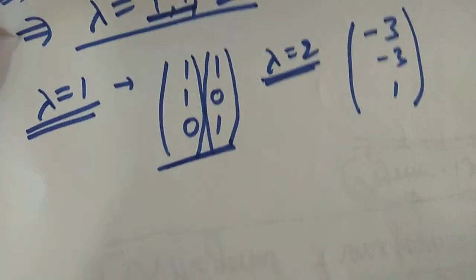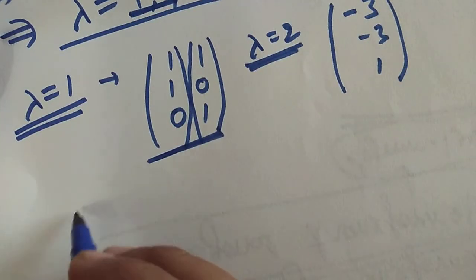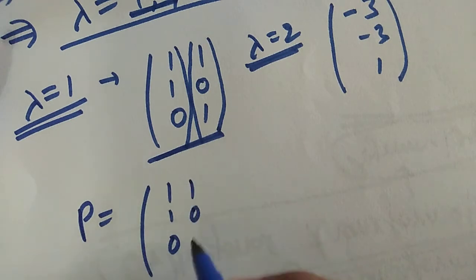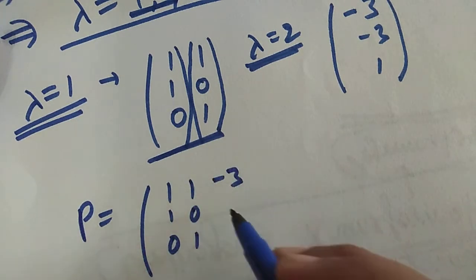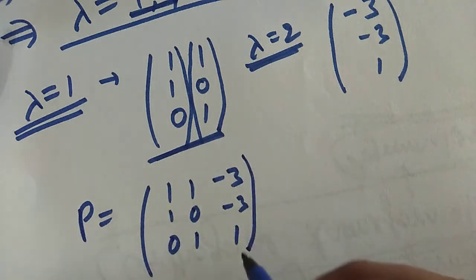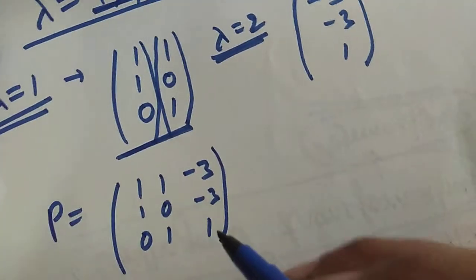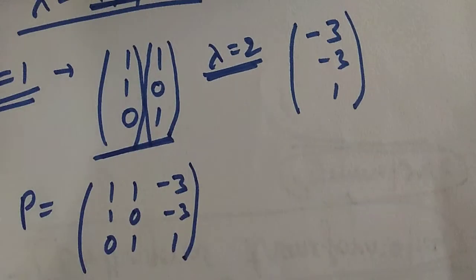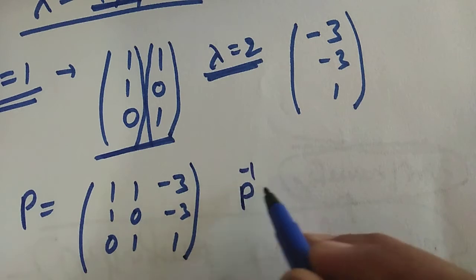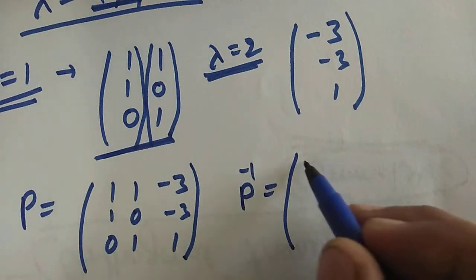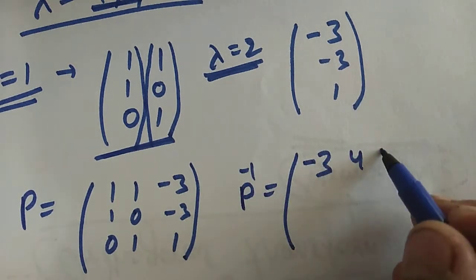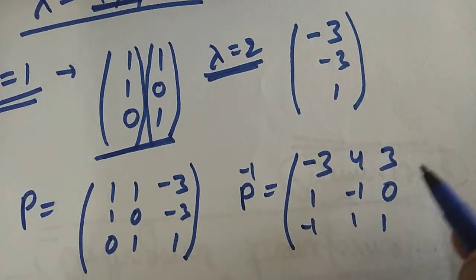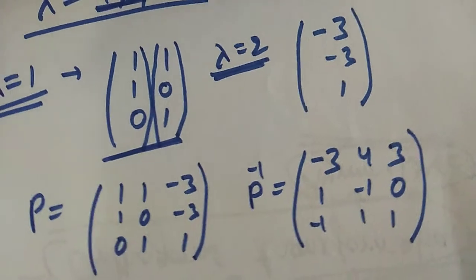So if you write the modal matrix, it will be 1, 1, 0, 1, 0, 1 and minus 3, minus 3, 1. So this is your P matrix. Now we find the P inverse. P inverse will be minus 3, 4, 3, 1, minus 1, 0 and minus 1, 1, 1. So this is your P inverse.